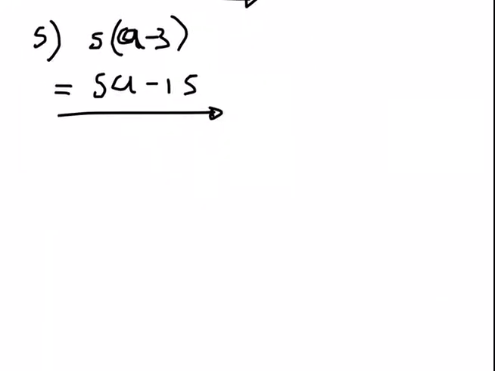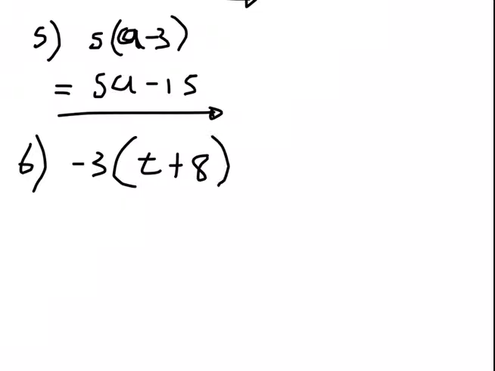Maybe let's jump on to problem number 6. Let's say we have negative 3 outside, and inside let's just say t, and then maybe let's plus it with 8. Okay, so now you have -3 multiplying that and also multiplying that. Nothing complicated there.